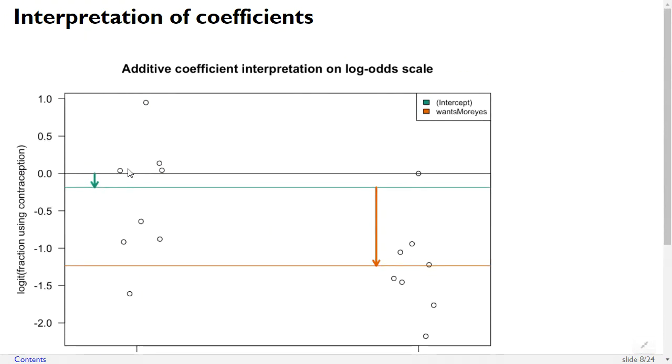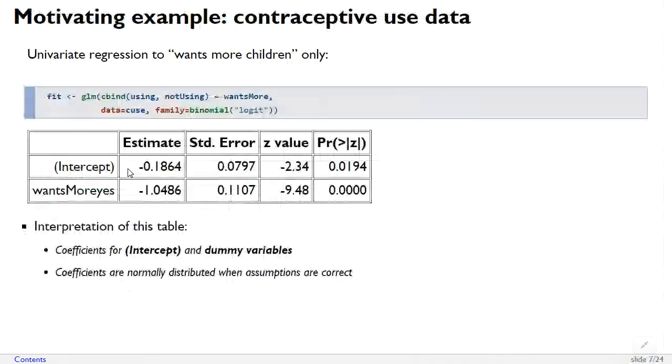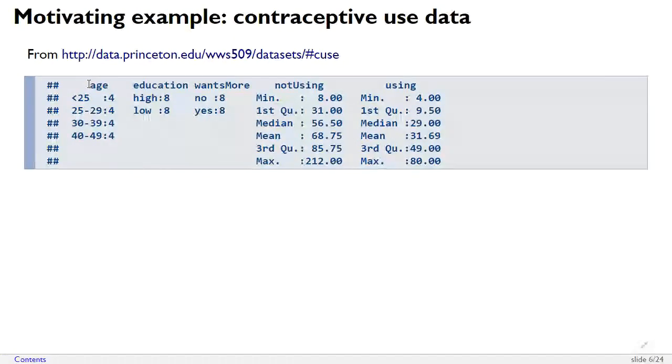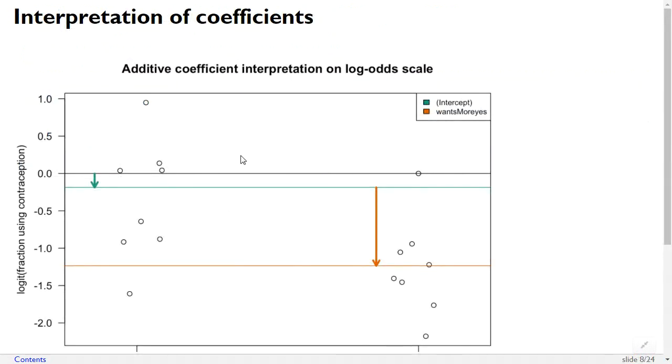You could get this estimate by hand, even pretty easily. All you would have to do is look at the actual data set for each one of these groups. You have the probability, which is using over using plus not using, and then calculate the odds and take the log. And then whatever the average of that is, that's your intercept.